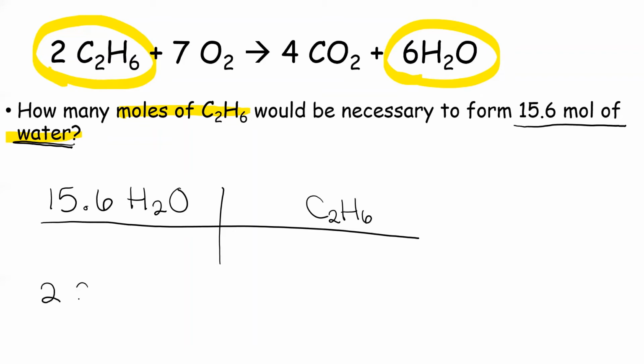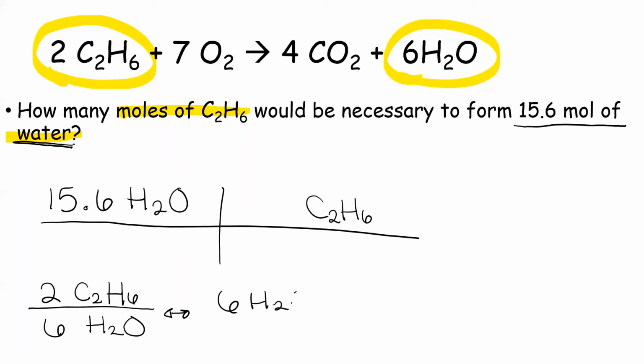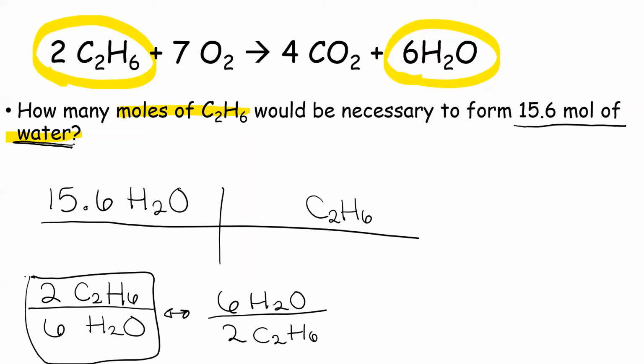For every 2 C2H6, I produce 6 H2Os, and I can write that out either way, 6 H2Os over 2 C2H6. But remember, if I have H2O on the top here, then that's what needs to be on the bottom for my conversion factor, which means that this is the one we're going to plug in. It also has C2H6 on top, which is what I wanted.